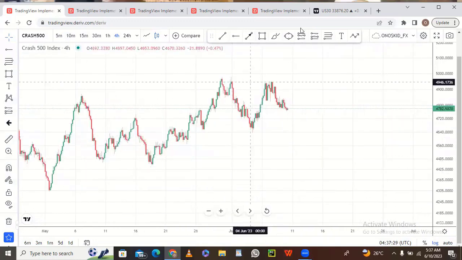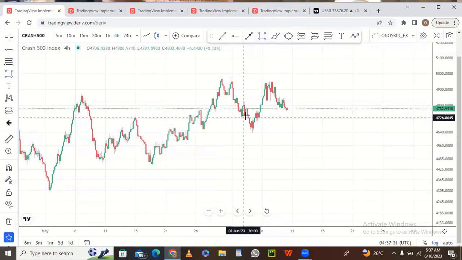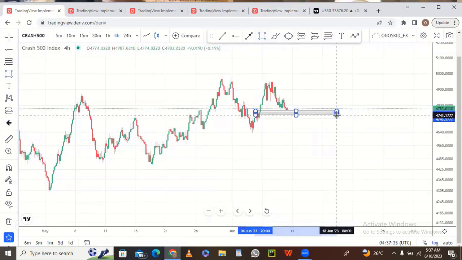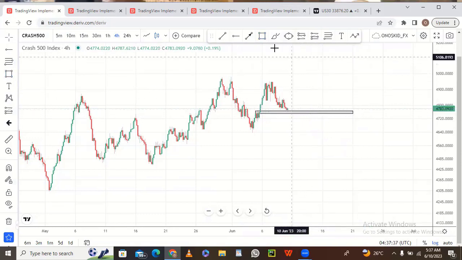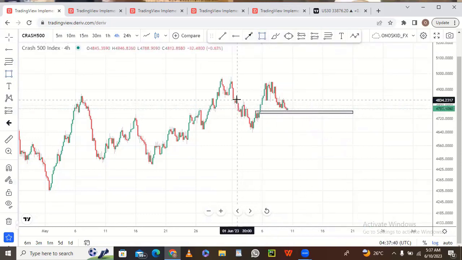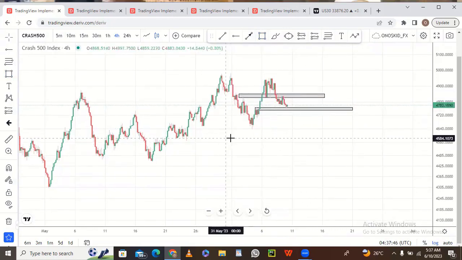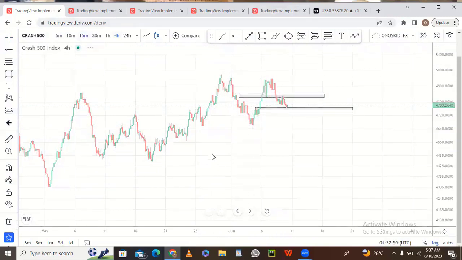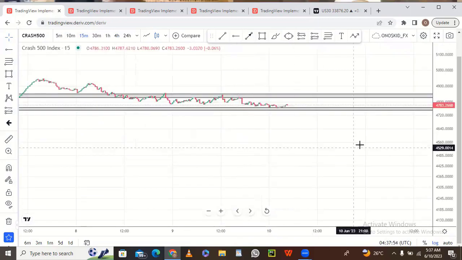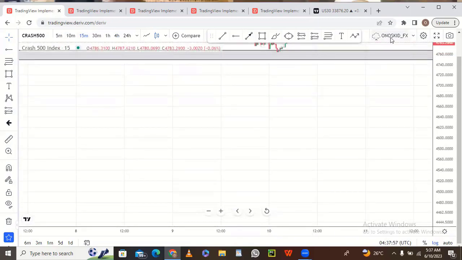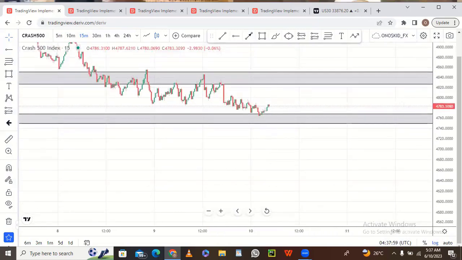So what you want to do, like I said, is mark out your possible zones and wait for the market to come to you. After you have marked them out, you can go down to the lower time frame for your refinement, which means you want to start looking for how you can make an entry into this market.